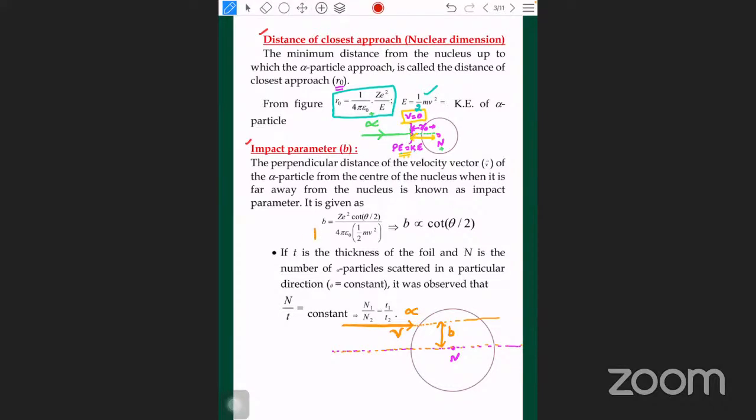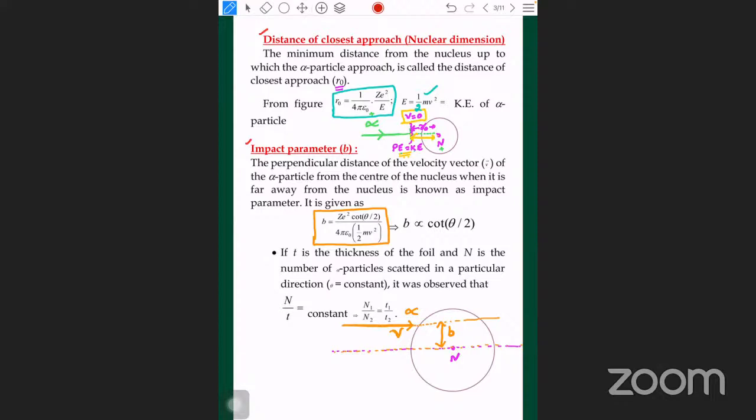Please remember that the impact parameter is given by the formula b equals Z E squared into cot theta by 2, divided by 4 pi epsilon naught into kinetic energy, where E represents half m v squared. So remember that formula for the impact parameter.